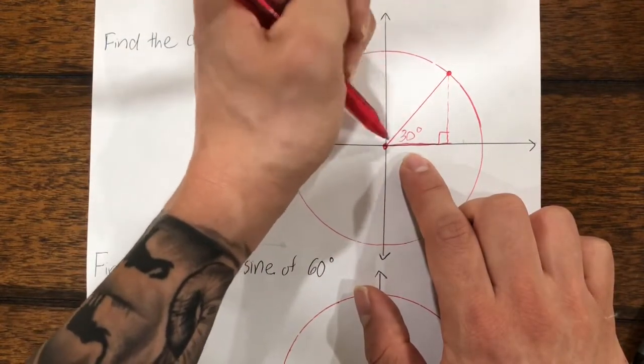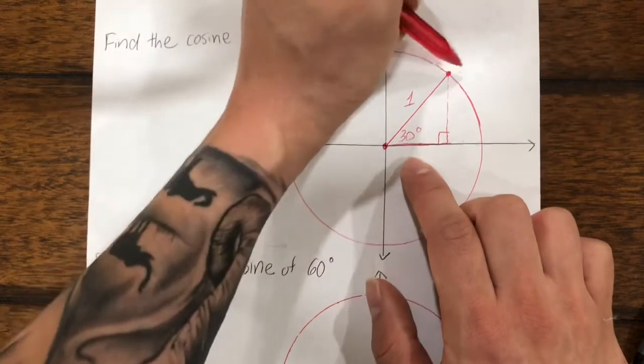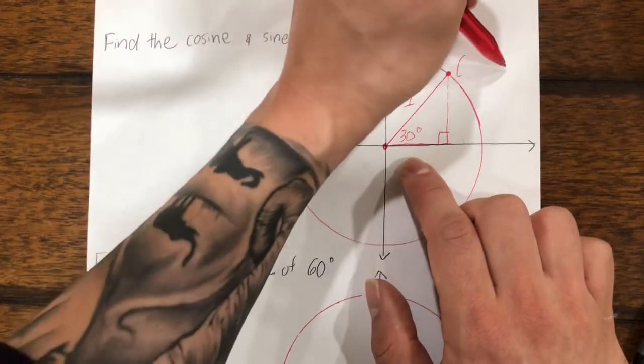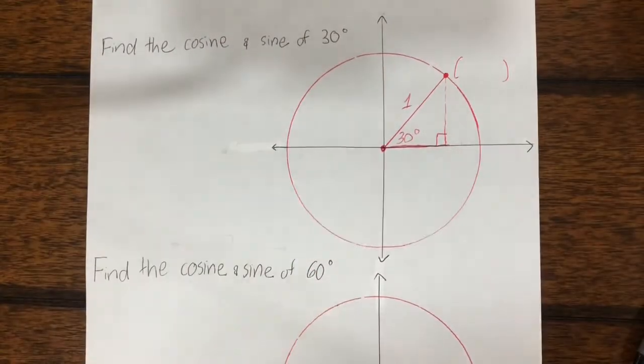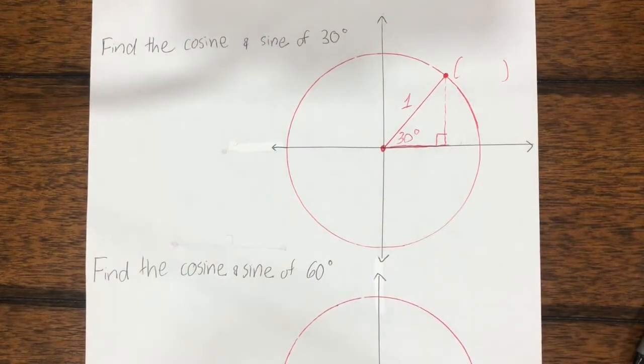So I'm going to label this side as 1. And we do have an intersecting point, but we don't know what that is, since we're given an angle measurement.